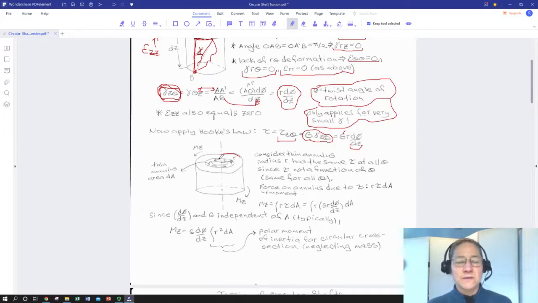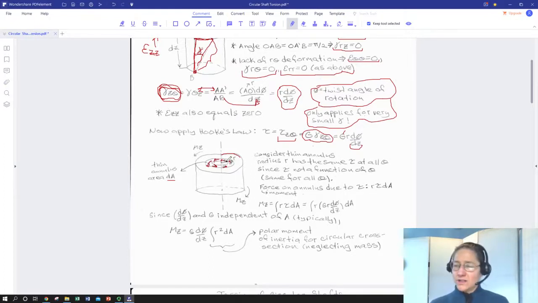And we can imagine shear stress in the z theta acting on the face of this little donut, a thin annulus of area dA. So it's going to be 2 pi in the theta direction times dr, integrated around, 2 pi r dr to give us our annular ring area.